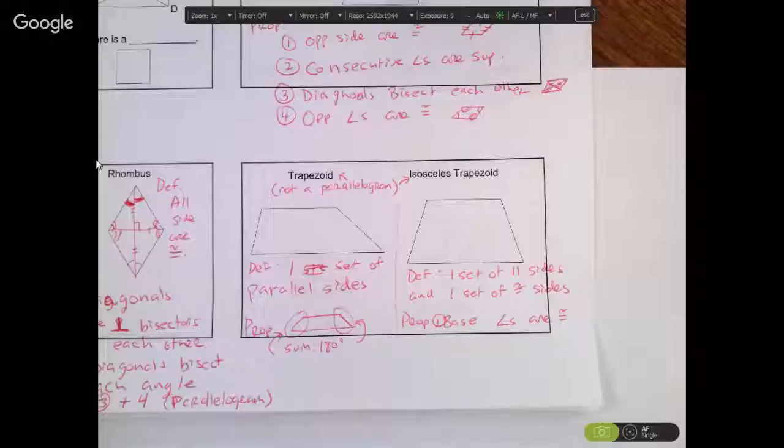But technically, all lines are infinite. If I draw this, it's not a line, it's a segment. It's just a longer segment.